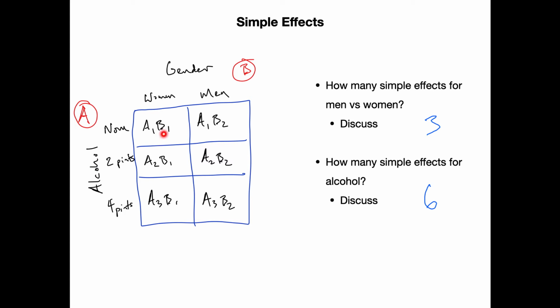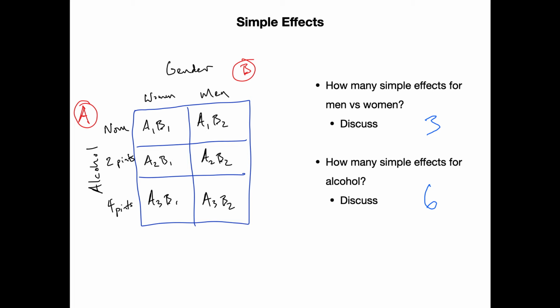So it's going to be A1, B1 versus A1, B2. We're going to compare those means because that's at the none level of alcohol, the 0 level. So we're going to make that contrast. That's one of them. The second one is this contrast, and the third one is this contrast.